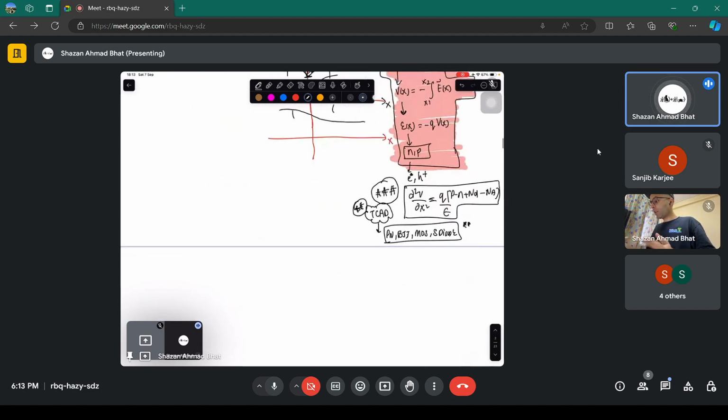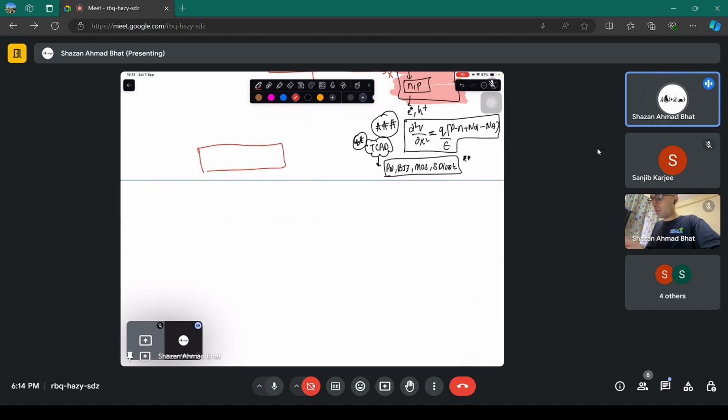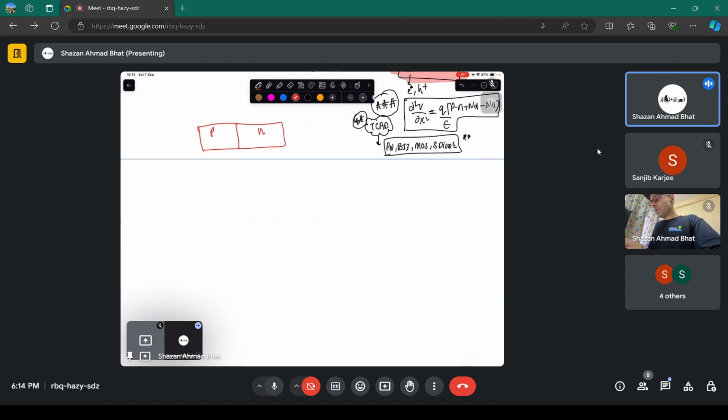And now where we are heading today is that you have understood what happens when we join two semiconductors, P and N. Now you have to understand one more thing: when we apply a voltage to this device, let's say positive and negative, here you have the space charge with a certain depletion width. Whenever we connect these leads, or probes, they are used to probe the currents and the voltage.